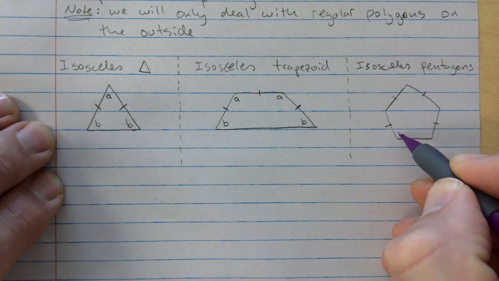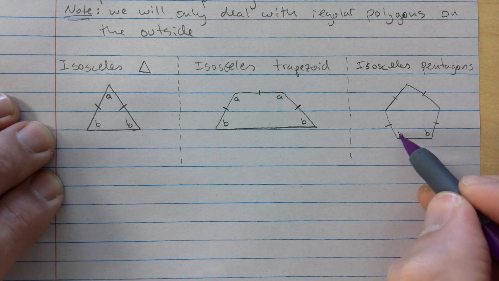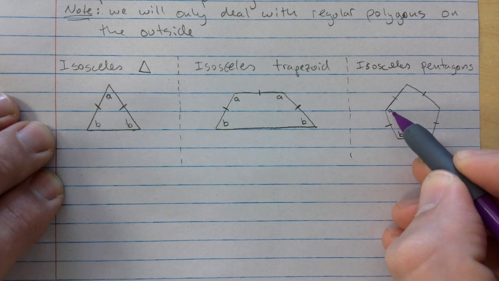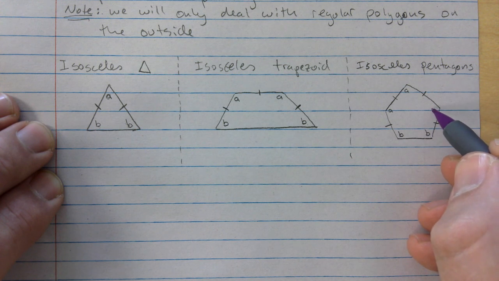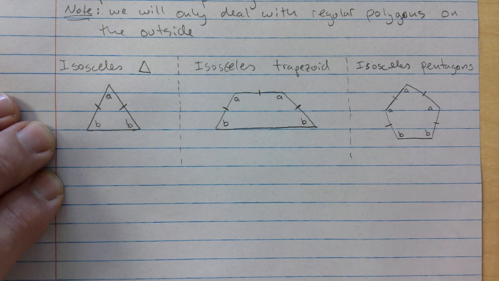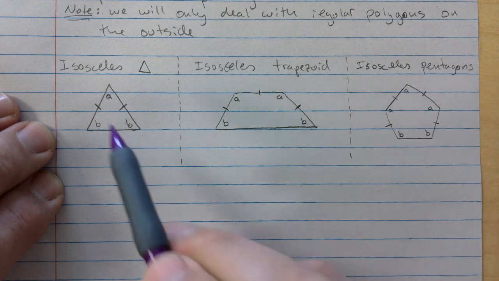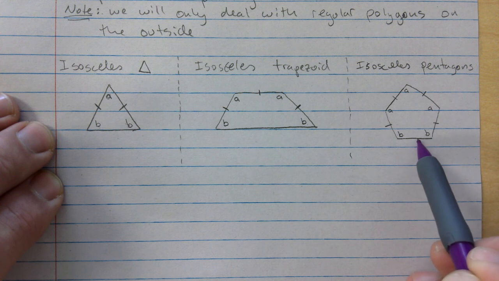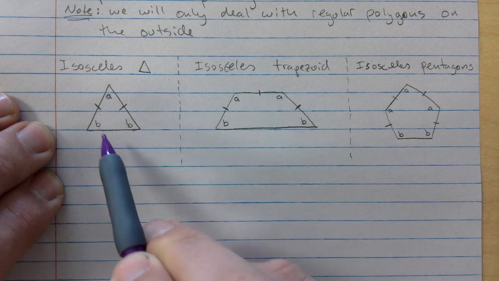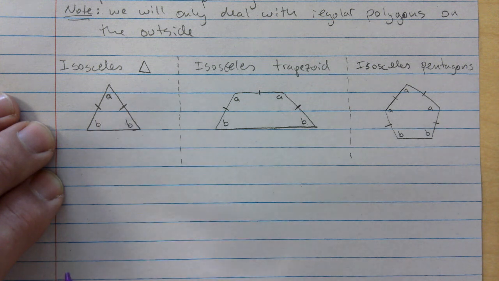And so the two base angles here are the same as well. And notice that this base side here, I never make the bottom congruent to the rest of the sides. That's important to note, right? These are not the same as everything on top.